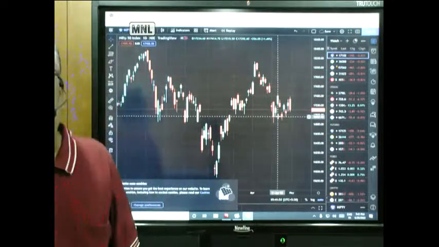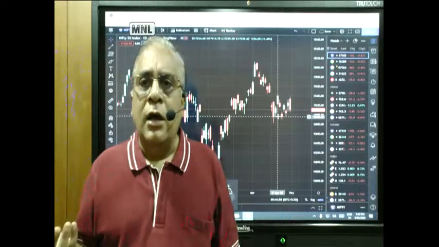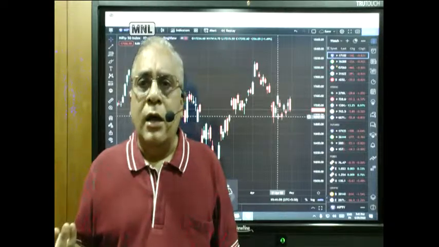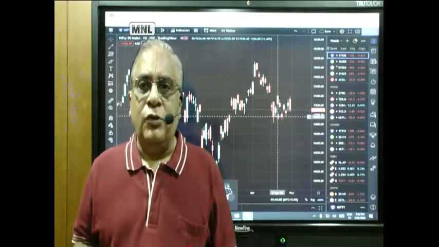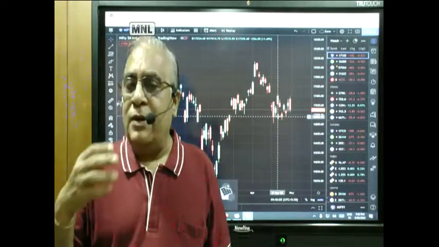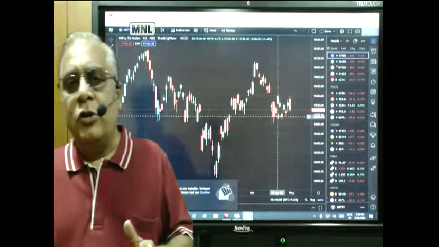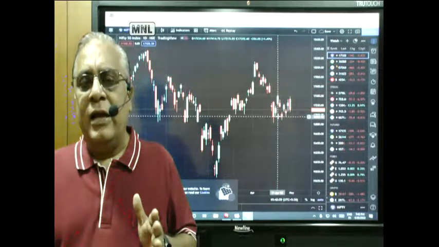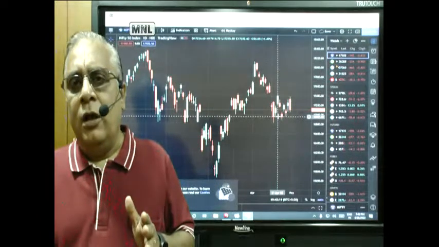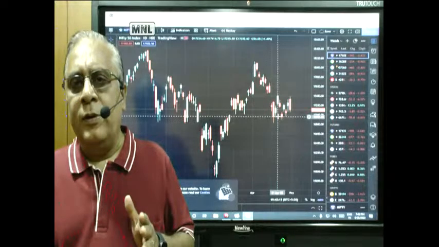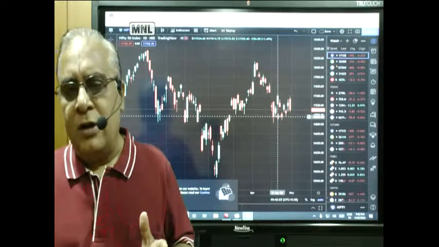So on a close to close basis, getting a price which is more than 650 or 700 rupees is not going to be that easy. That means we would have to double the option price, and getting that is not going to be that easy. So what we should look at is something like a 17,200 and expecting 16,400 on this side.